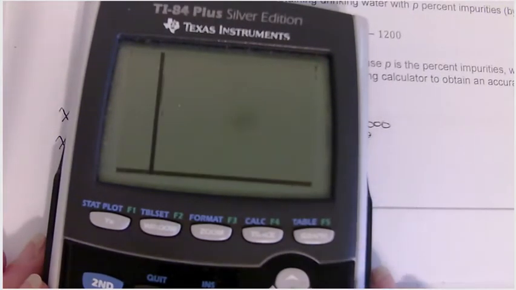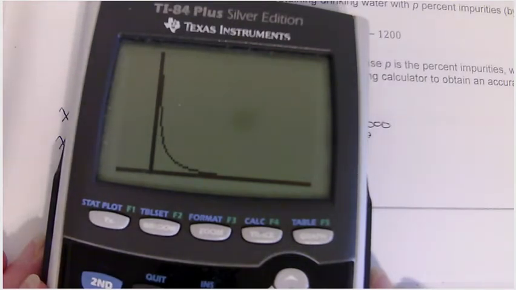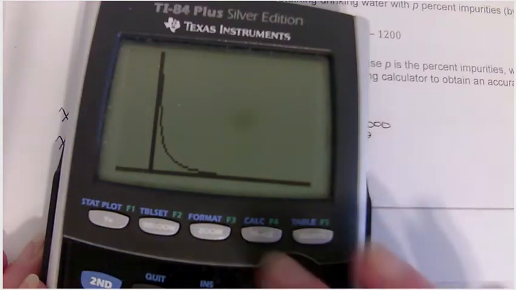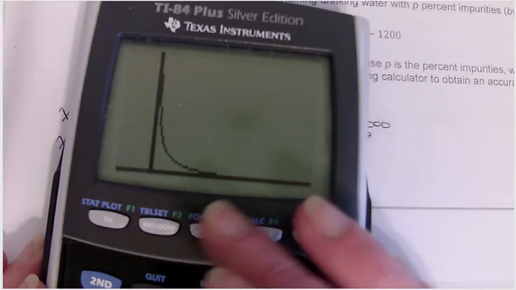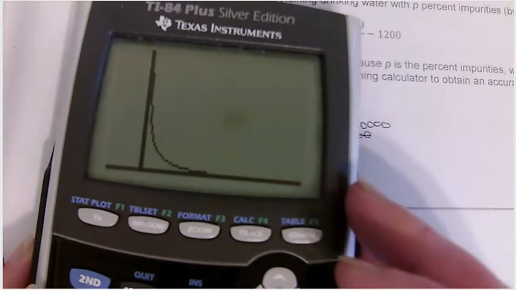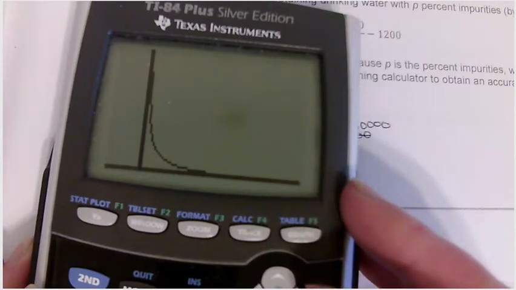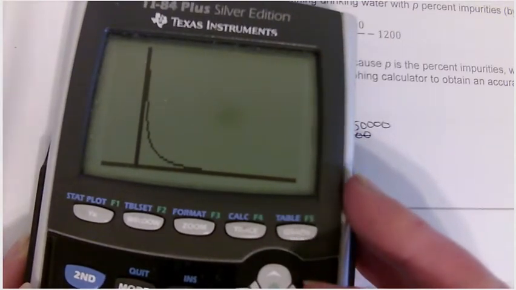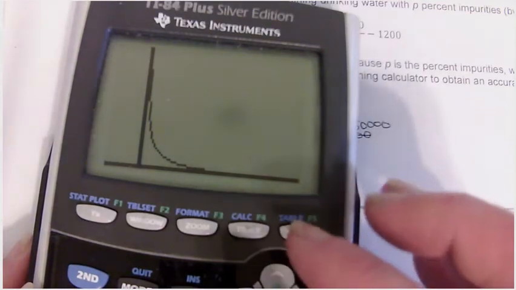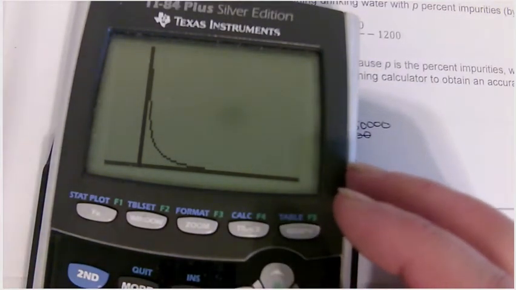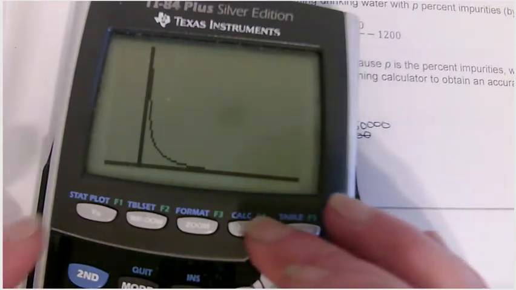Okay. And we see a little bit better. I can't really see where it's crossing there, but we can always use a table or the trace feature.